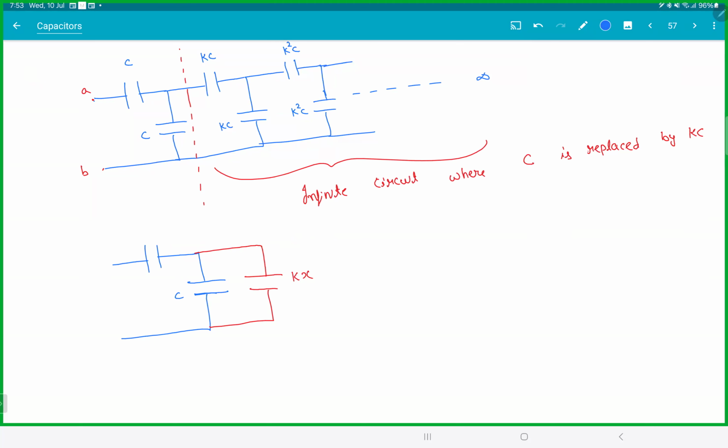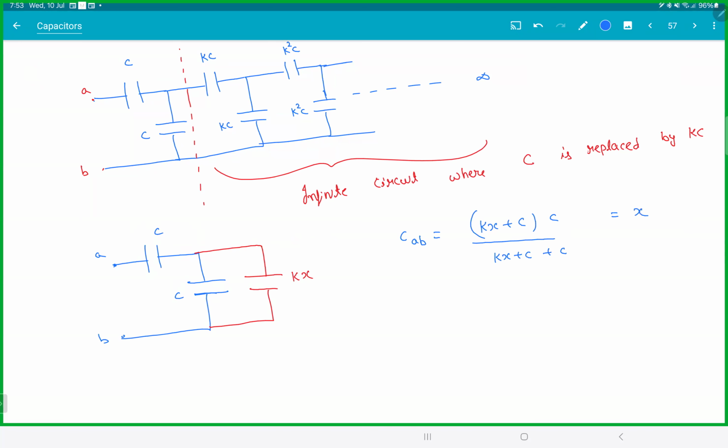So this is C and this is C. So CAB should be equivalent of this, where these two are in parallel, which is Kx plus C. And this is in series. That will be Kx plus C into C by Kx plus C plus C. But we know what CAB is.